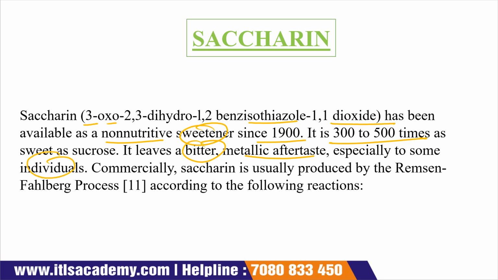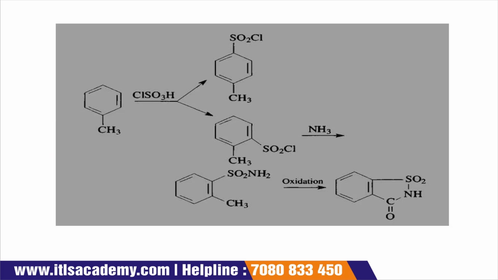Commercially, saccharin is usually produced by the Remsen-Fahlberg process according to the following reaction. This is the reaction for the production of saccharin.